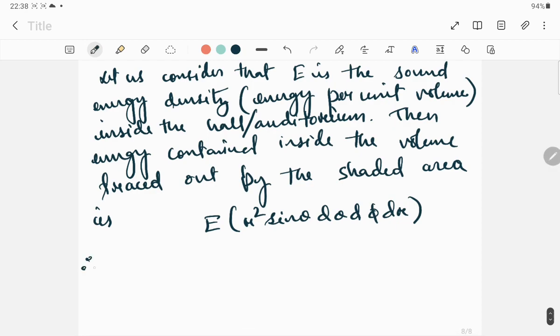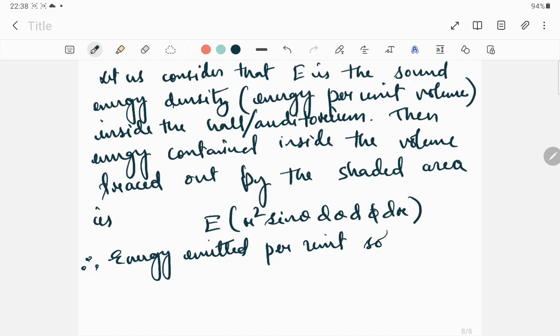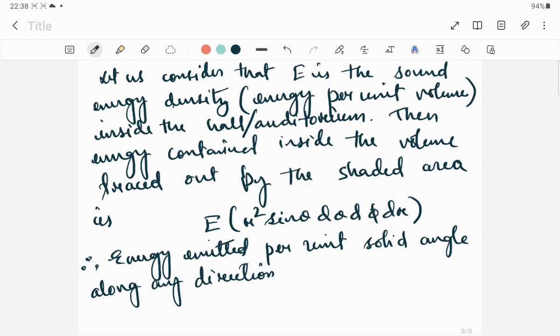So therefore, the energy emitted per unit solid angle along any direction, because we have already considered that sound energy is emitted in all possible directions uniformly. So we can consider the amount of energy emitted per solid angle.